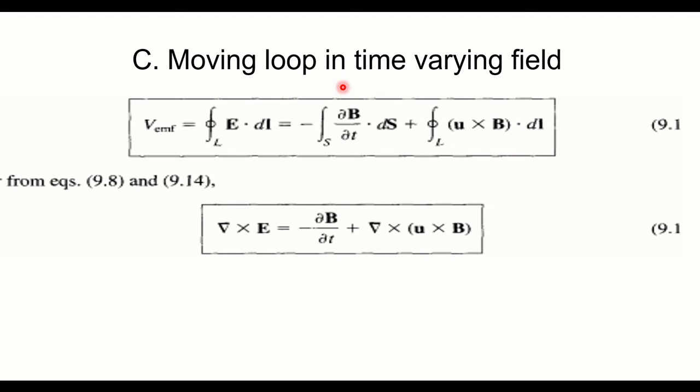In the first case the conductor was stationary, and in the second case the magnetic field was stationary. So in this equation, both the equations of the first two cases are included. When we take the differential form of this equation, we can write del cross E equal to minus dou B by dou t plus del cross U cross B.